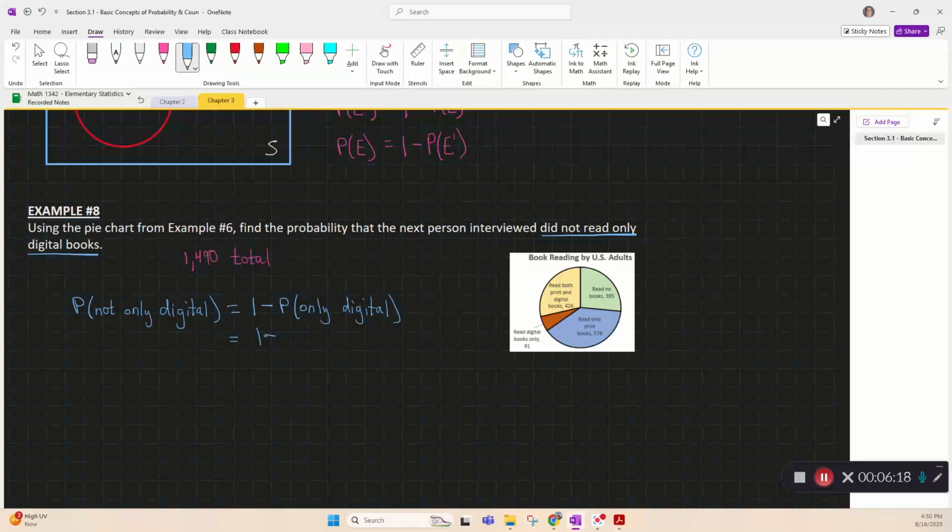I can plug numbers in now. 1 minus 91 over 1490, which would give us, to 3 decimal places, 0.939. So that's our probability that the next person interviewed did not read only digital books. 0.939, or almost 94%.